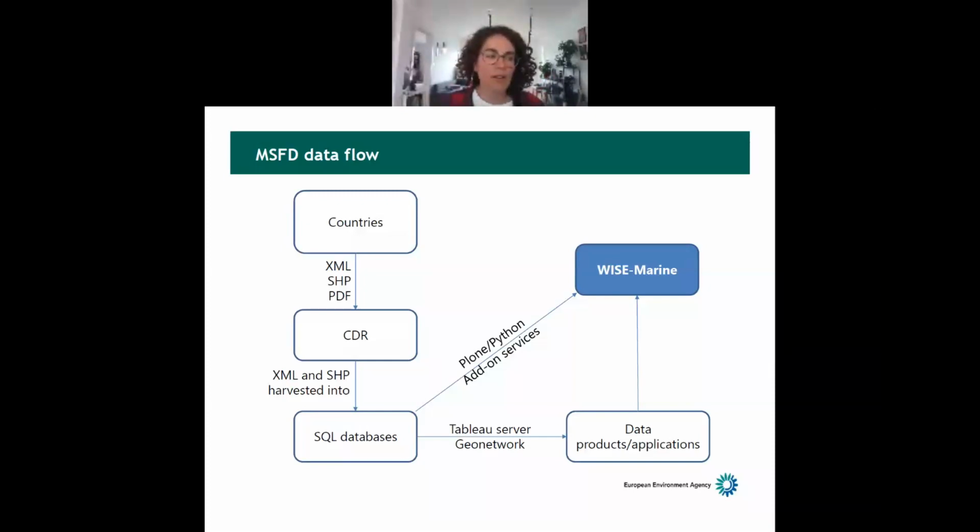Then from the CDR we harvest this information from the XMLs and the shapefiles, obviously not the PDFs, into SQL databases. We have a test database where we actually run the QC as well. From the CDR we harvest it into a test database, and we run some QC, and we send back some information in HTML. And then we have another one, a production database, where we harvest all the information once the envelopes are released.